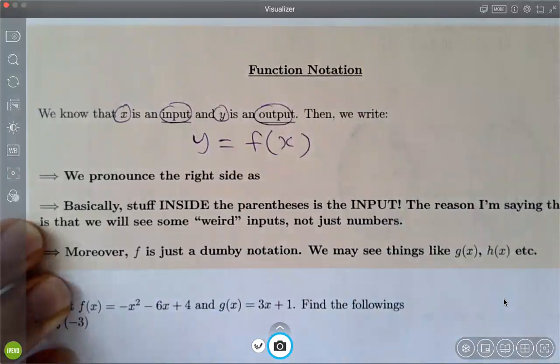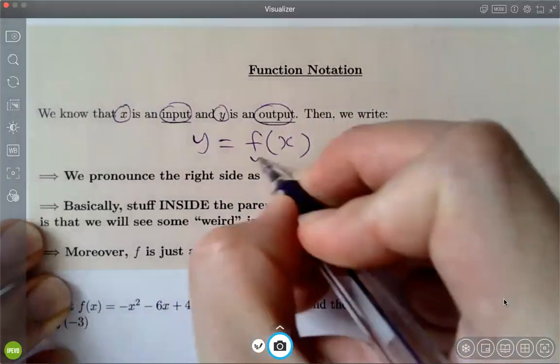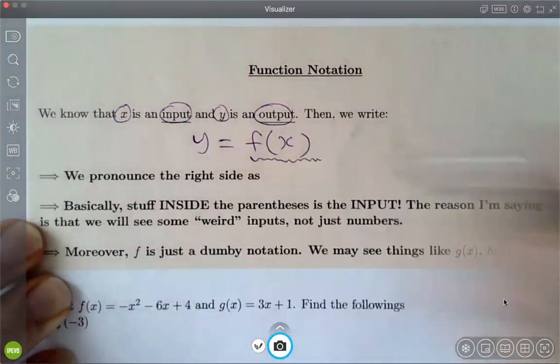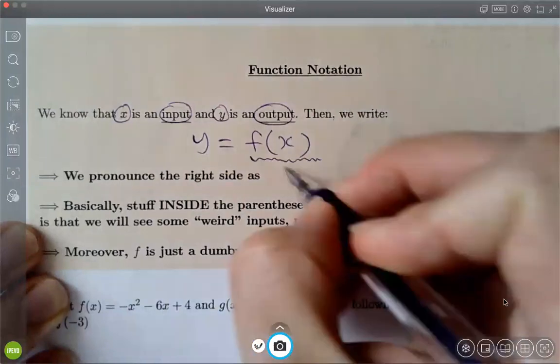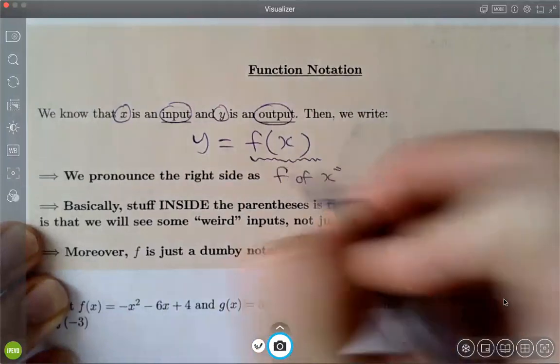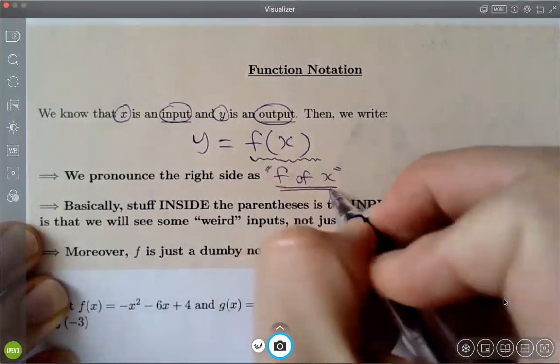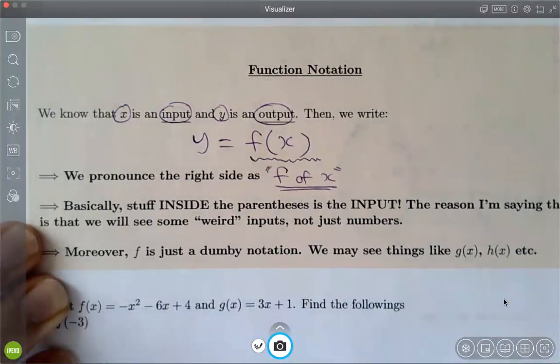Okay, and now, maybe you have seen this representation before, f and then parentheses x. Now, we do not pronounce this as f parentheses x or f times x. The way to pronounce this is what? F of x. Remember that? Maybe you have heard about it before.